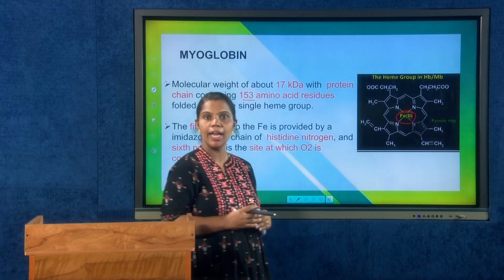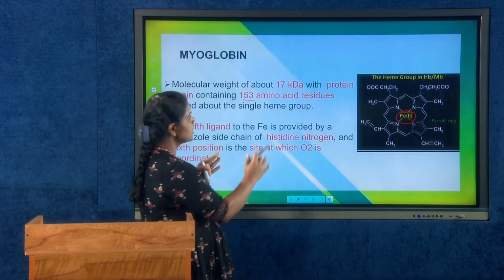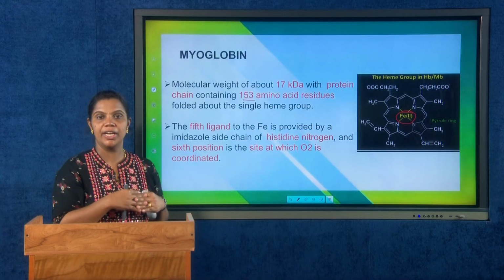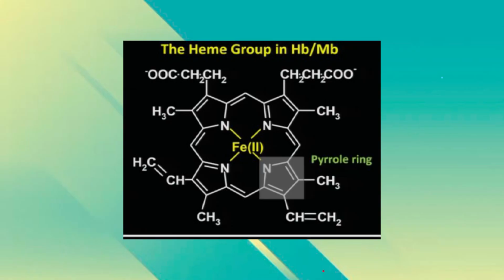So, this is the heme group and surrounding this heme group there is the polypeptide chain. The 5th ligand of iron is provided by the imidazole side chain of the histidine nitrogen and the 6th position is the site where oxygen is to be coordinated.